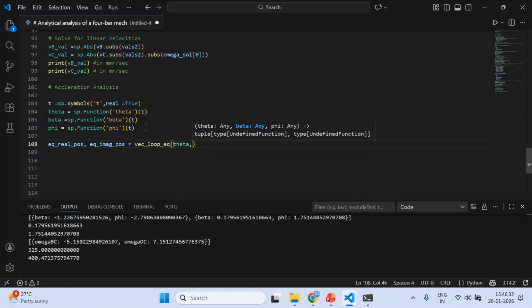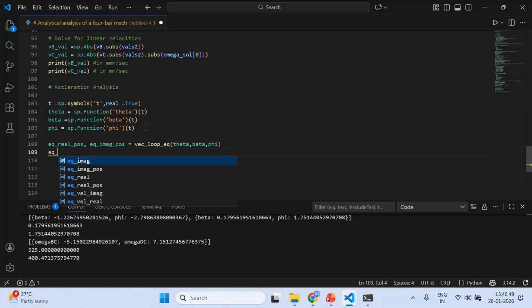Here you can define the velocity expression as well and take the velocity expression, but just to maintain consistency, I am taking the position equations only, and I am going to differentiate these position equations twice to get the acceleration. So again we have here equation underscore real.